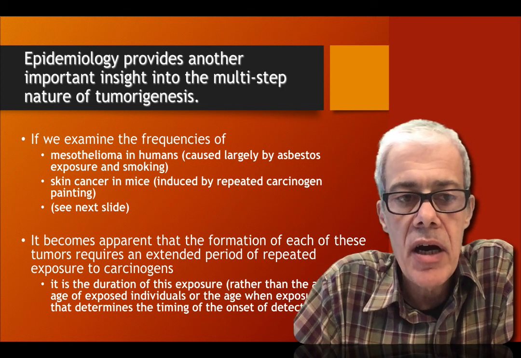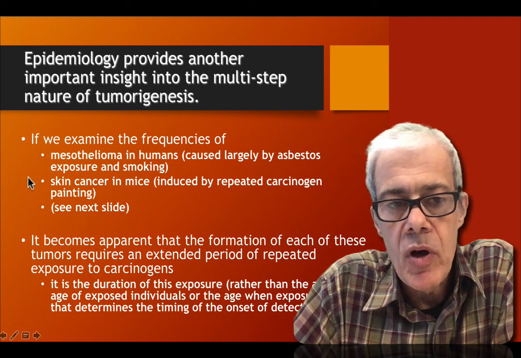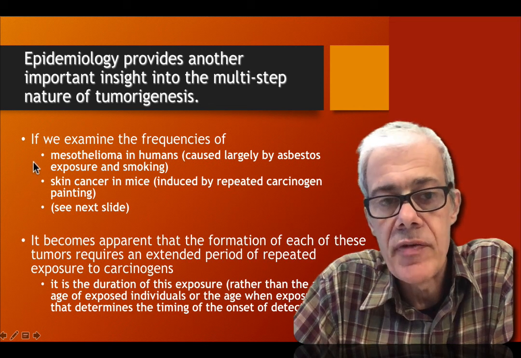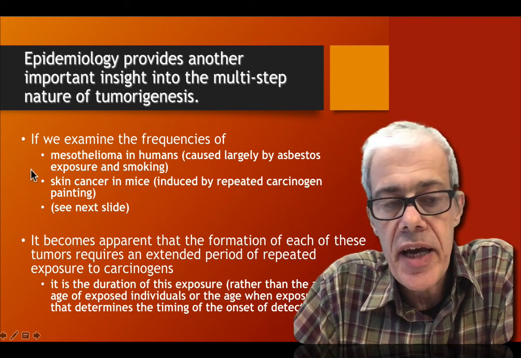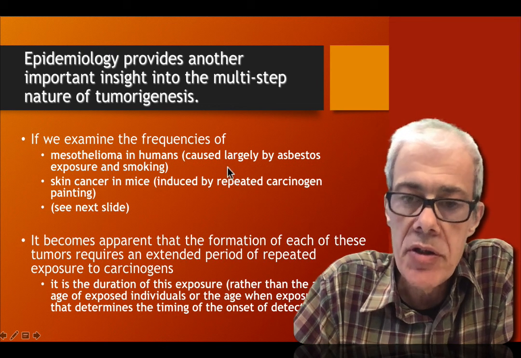Okay, and these are sort of related studies across different time frames, because mice live for much shorter periods of time than humans, but the same trends are observed through repeated exposure to carcinogens.